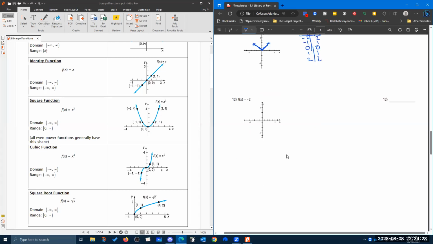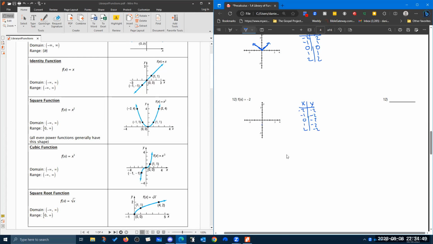Now let's try this constant function y equals negative 2. So we can get some points here. If we want negative 2, negative 2, negative 1, negative 2, 0, negative 2, 1, negative 2, 2, negative 2. They all have a y value of negative 2.